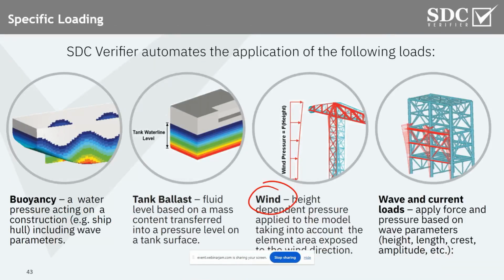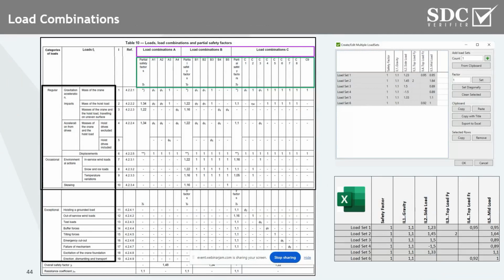So that becomes more complex, because the wind load pattern will be more or less similar to what you see here in the picture. This is increasing with height, and this function is automatically taken into account in SDC. In addition to that, we also have wave loads, tank ballast and buoyancy load. You can use them in your projects as well.